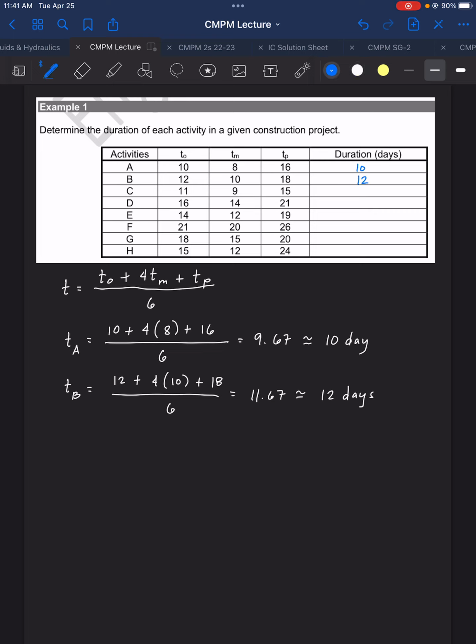So there's no such thing as 11.67 days, so we round it up to 12 days.